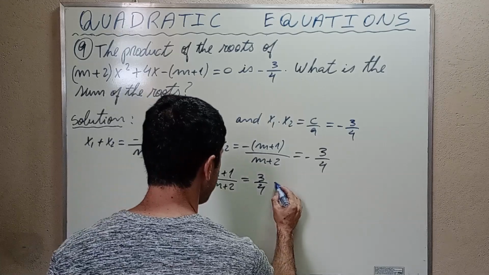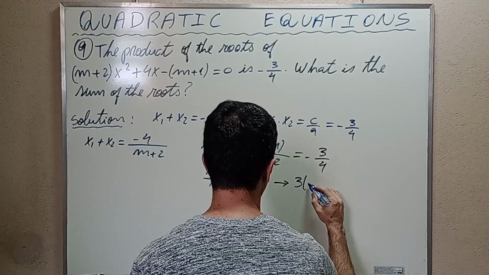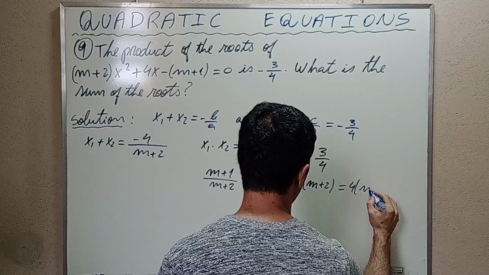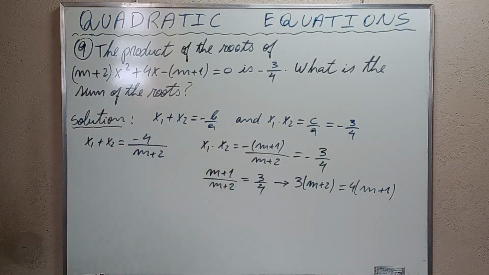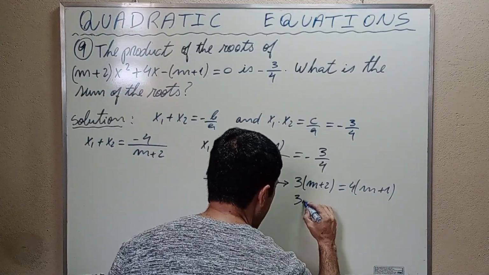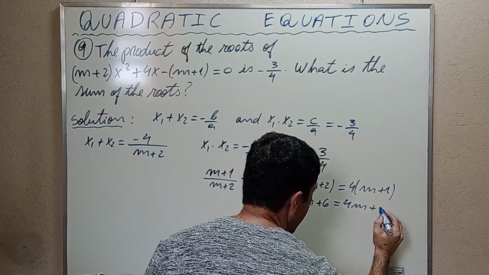Thus, I pass this multiplying, 3 times m plus 2 is equal to 4 times m plus 1. Isn't it? Do you agree with me? 3 times m plus 2 is equal to 4 times m plus 1. We develop: 3m plus 6 equal to 4m plus 4.